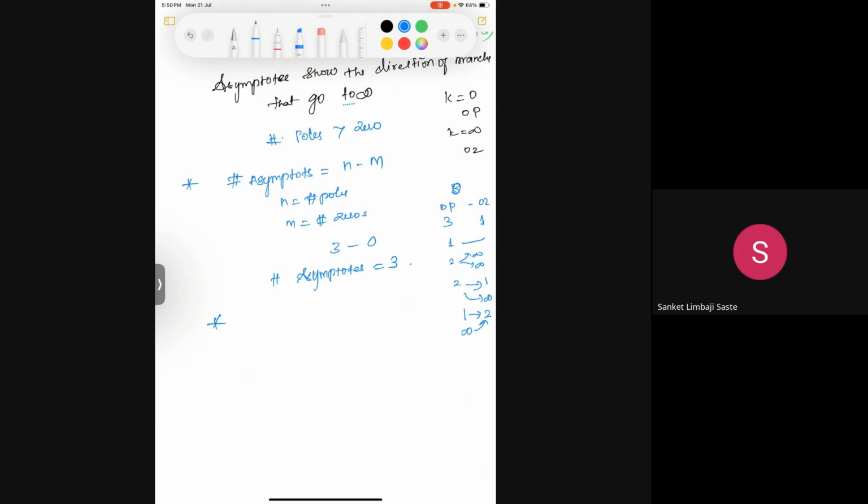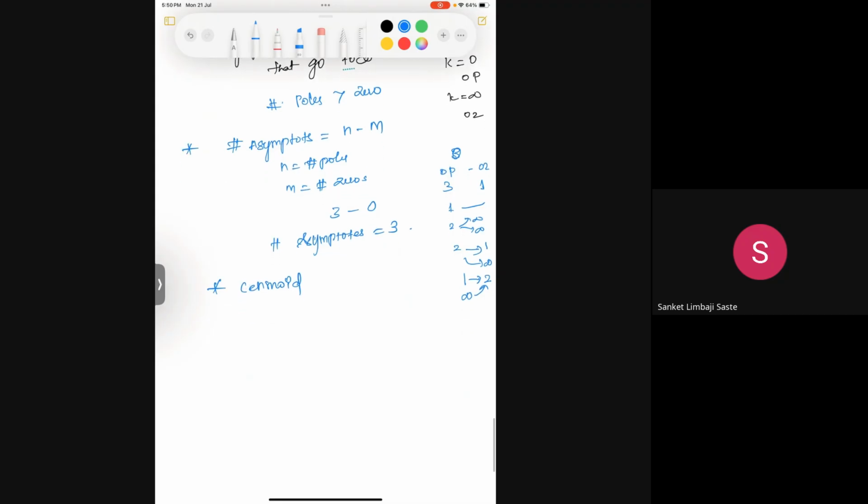The next formula is the centroid. From which point does this asymptote start? That is calculated using this formula: sum of poles minus sum of zeros, which I already gave in the rule, divided by number of poles minus number of zeros.